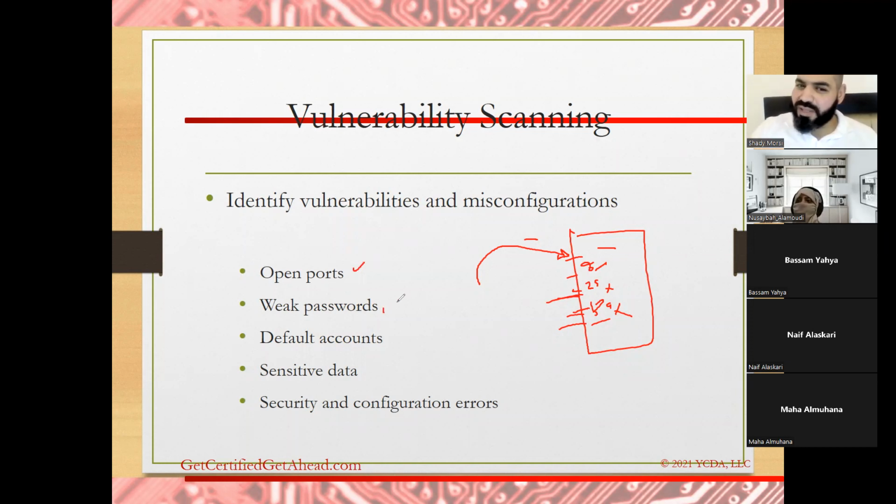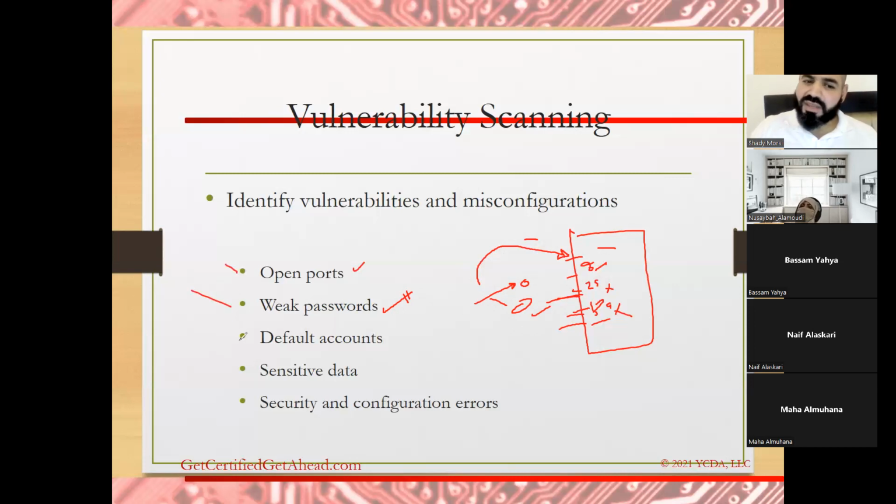It can tell you if you are using a weak password within your organization, because some of the scanners come with something called a fuzzer, and the fuzzer, in a very simple way, is going to send a brute force attack, usernames and passwords using a dictionary attack, to your website. If you are using a very weak password, it can tell right away and highlight this for you in the report.